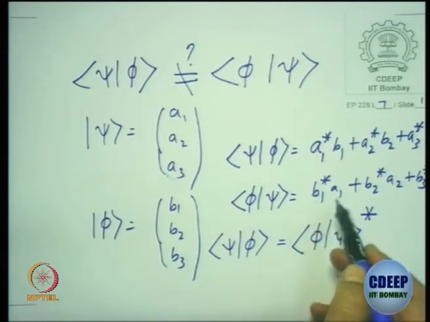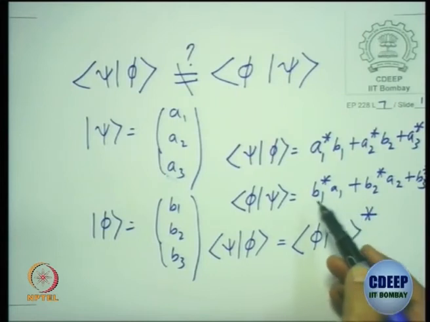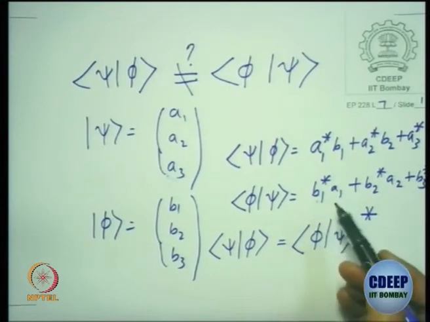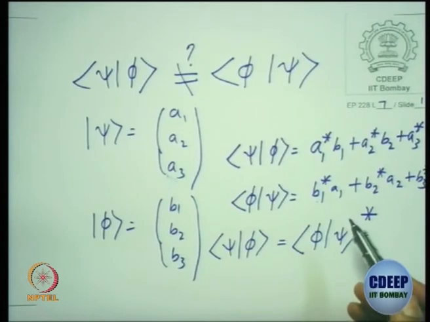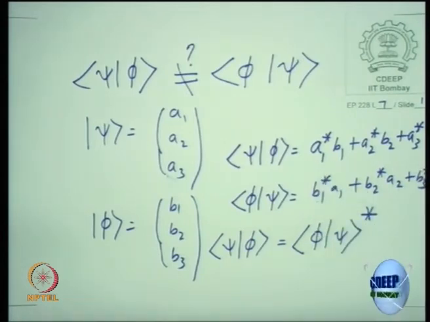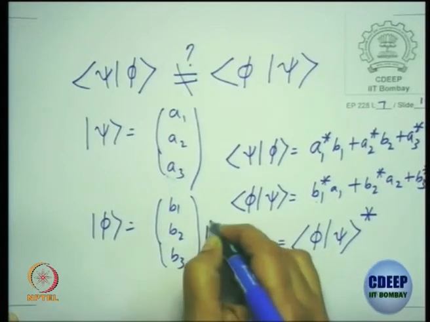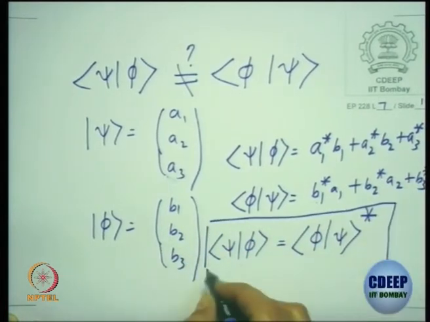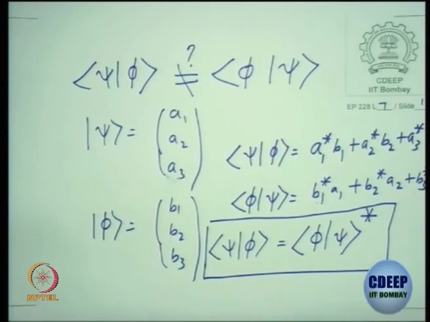This ordering is unimportant. Calling it B1 star A1 is the same as A1 B1 star. The star of that is the same as this one. So this is a property in a general complex vector space.